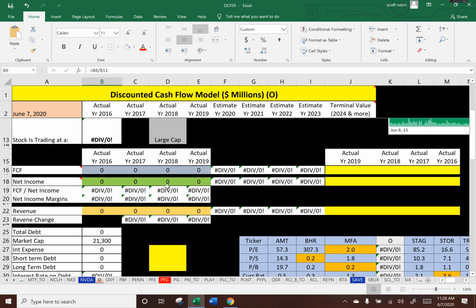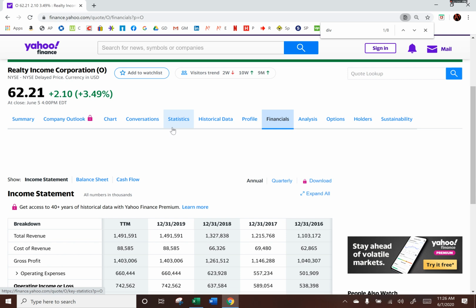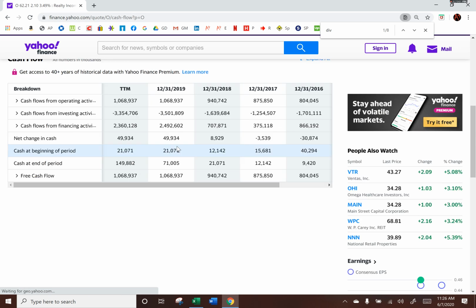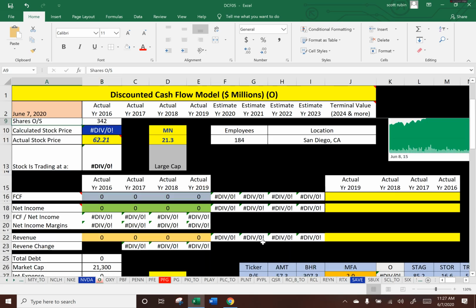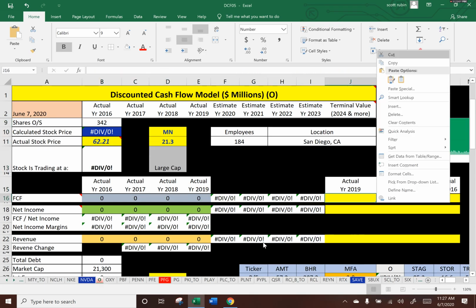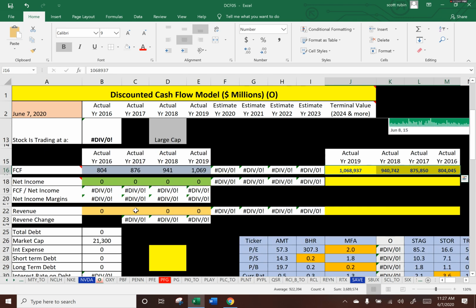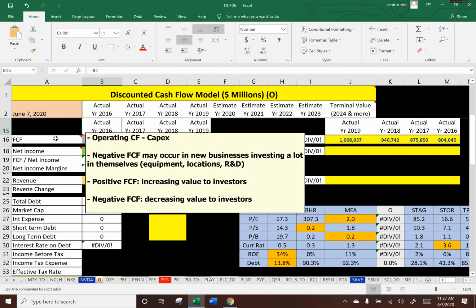Now let's get the free cash flows from Yahoo Finance. We'll go to the cash flow section and we'll just copy and paste the last 4 years of free cash flow. And I added some notes to clarify some things.